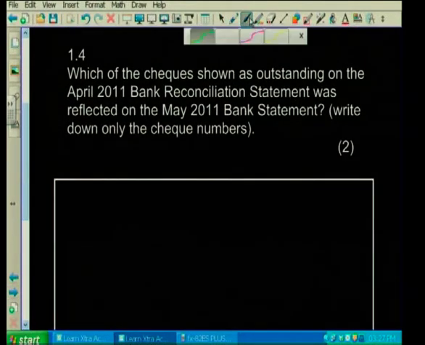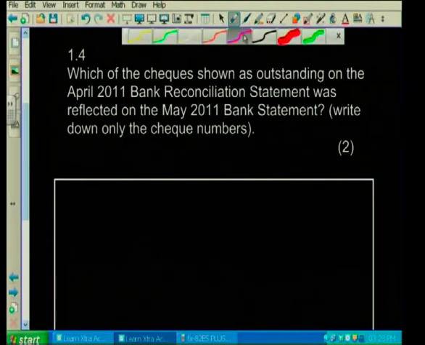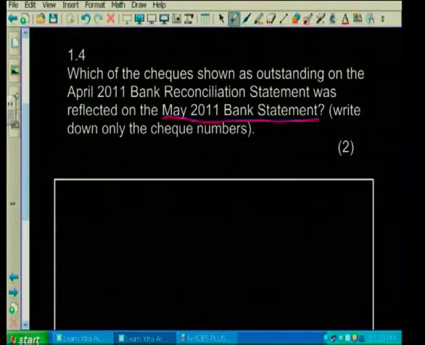Which of the checks shown as outstanding on the April bank reconciliation statement was reflected on the May bank statement? Let's read this again because it needs a bit of double reading sometimes. Which of the checks shown as outstanding on the April bank recon? Let's go back.